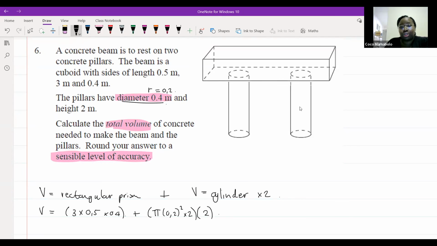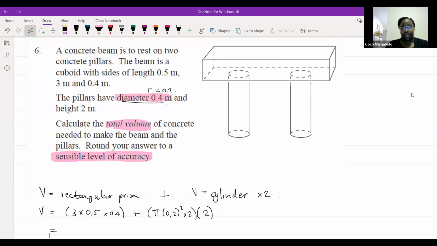Multiplied by 2. And if we punch this into a calculator, give me an answer, peeps. What did we get? How much did we get? We're getting 1.10 meters cubed. Let me just double check to see that your mathematics is on point.